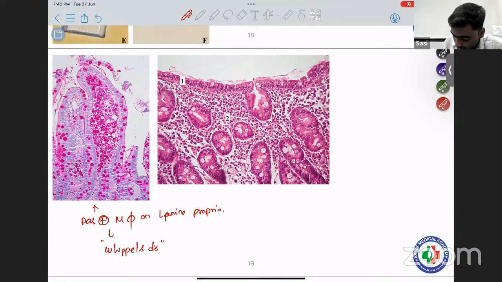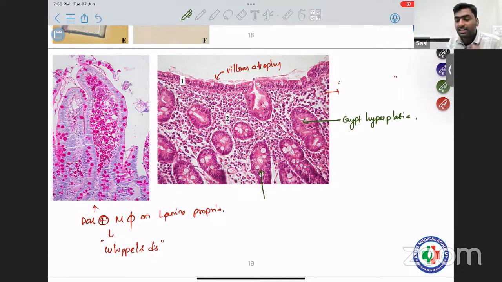Fine. Next one. If you see villus atrophy along with crypt hyperplasia, both of these things are seen in which disease? Yeah, you are getting it correct.